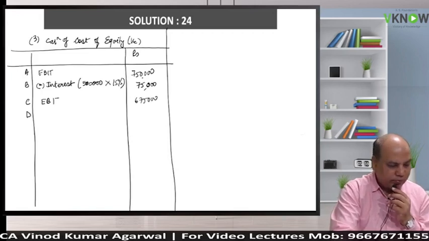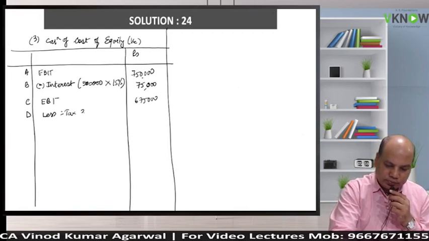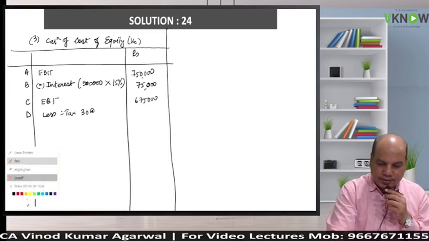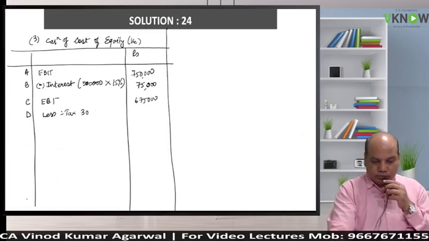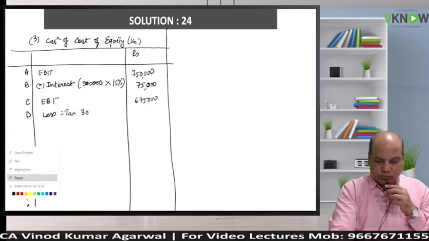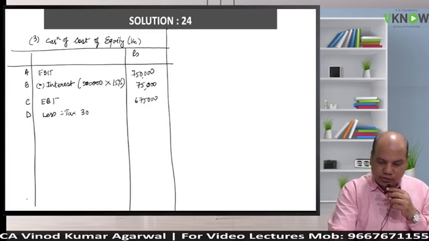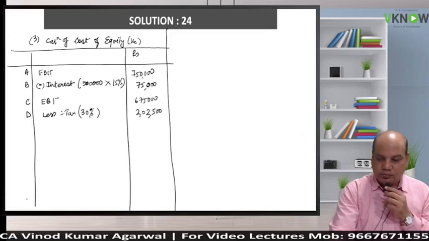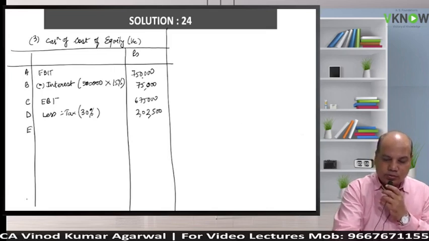Point D, less tax at the rate of 30%. So how much is the taxation? 30% is 2,02,500. So you will get earning after tax.